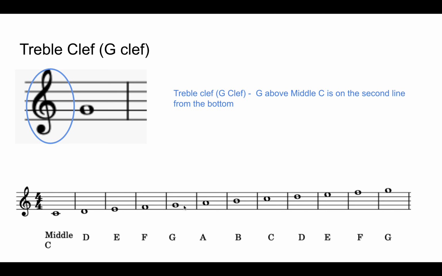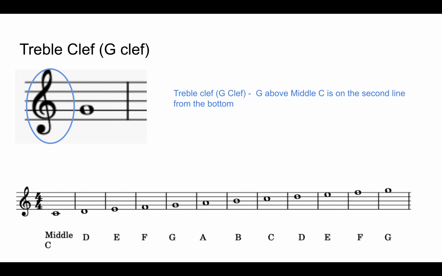Equally, if we count down, we must know that the note in that space is an F, then the note on the line below is an E, the note in the space below that is a D, and then we finally get to middle C on the little ledger line at the bottom of the stave. So that's what treble clef looks like, and that's how treble clef works in conjunction with the stave to show us what pitches are where.